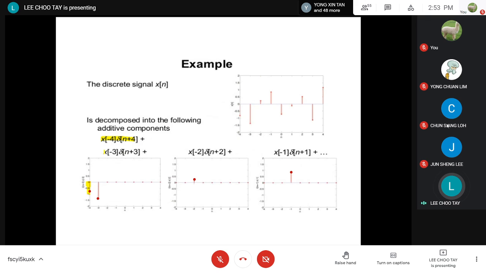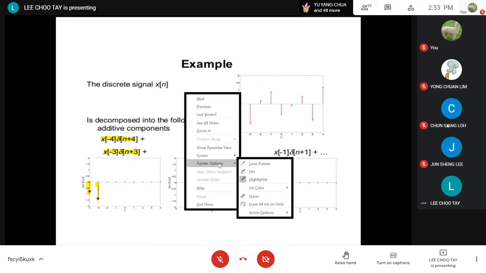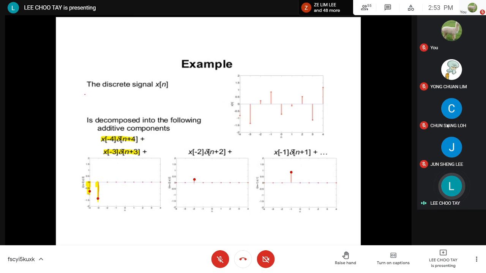For n equals minus 3, which is this pulse here, I represent it with this expression. So xn, I can write as x minus 4 delta n plus 4, plus this term, plus this term, and all the way up to n equals 4 here.